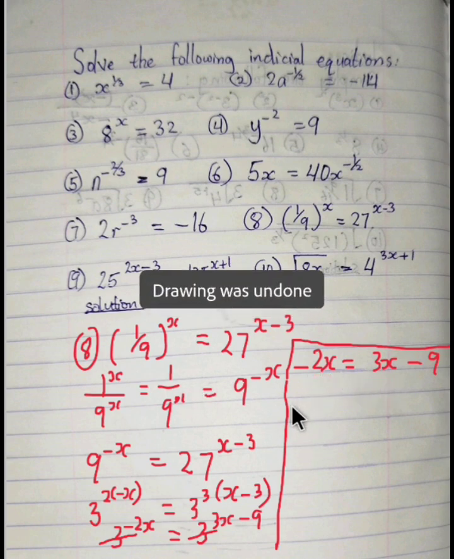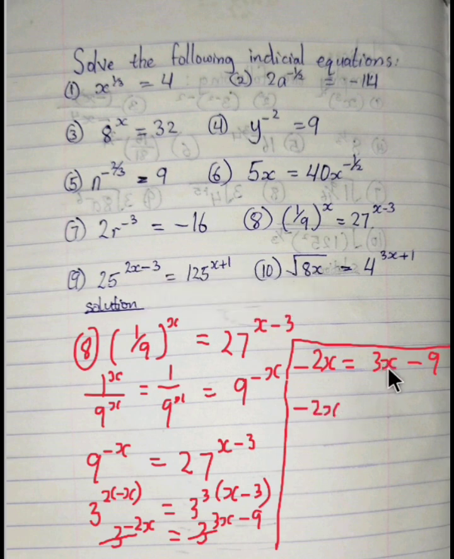So we have minus 2x, and minus 3x, if it goes to the left hand side, it's going to become negative. It's equal to minus 9 that we have here. So minus 2x minus 3x, that is going to be minus 5x is equal to minus 9. So you divide both sides of the equation by minus 5.